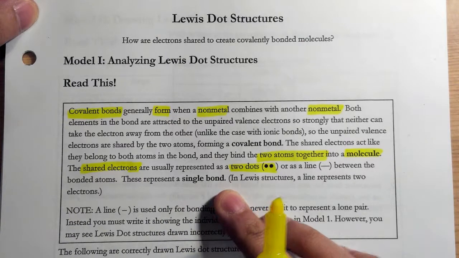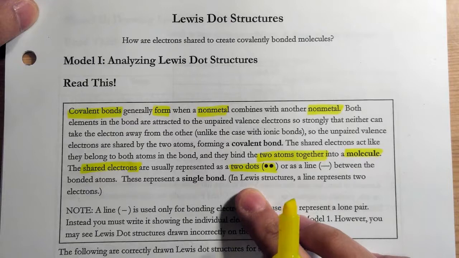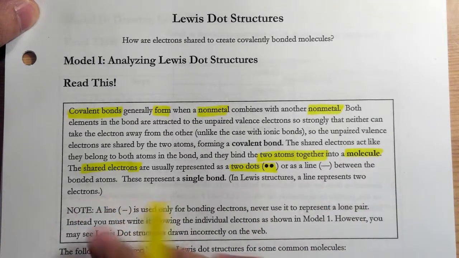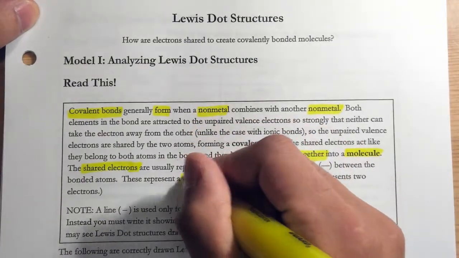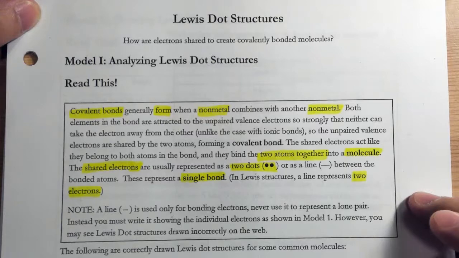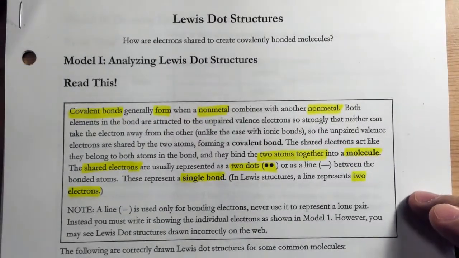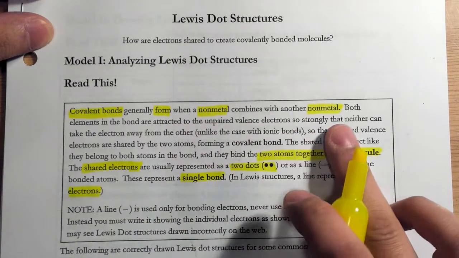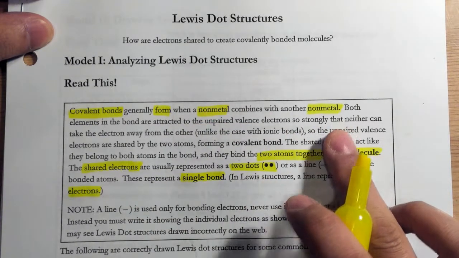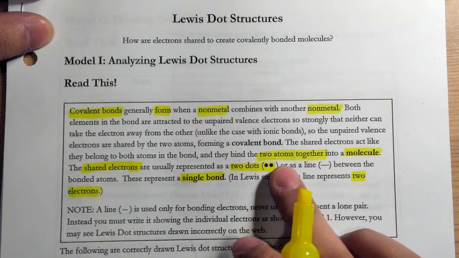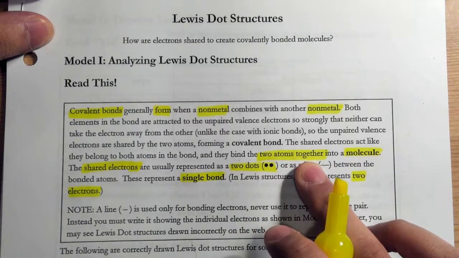So a single bond, in a Lewis structure, a line represents two electrons. So a single bond represents two electrons. So there are four things that we have to know. One is covalent bond, which is a nonmetal combining with another nonmetal. Second is that a molecule represents two atoms that are combined together.